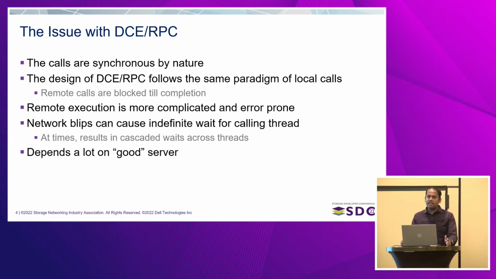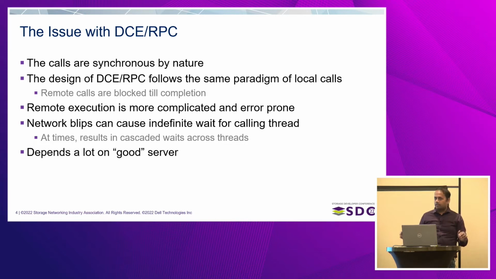The first one is that remote calls are error prone. You cannot just guarantee for a remote call that it will be completed in a certain period of time, because the network can be flaky and the network is not reliable. The other issue is that in case of remote calls, in case of DCRPC, the server can act crazy.